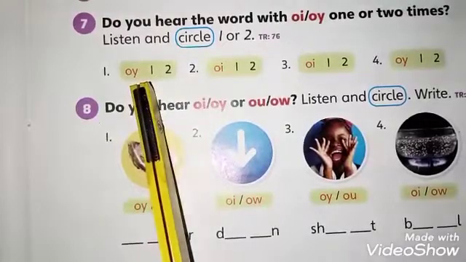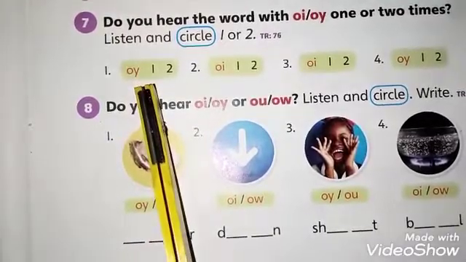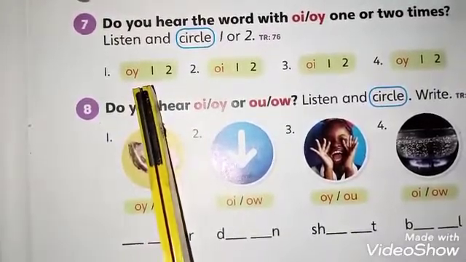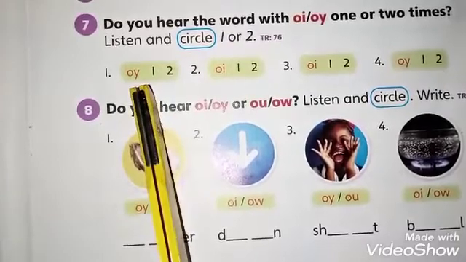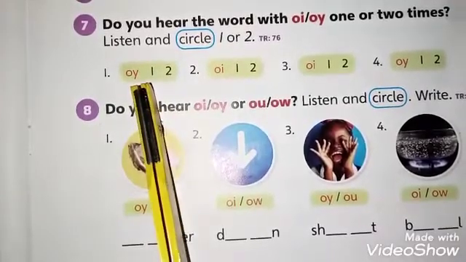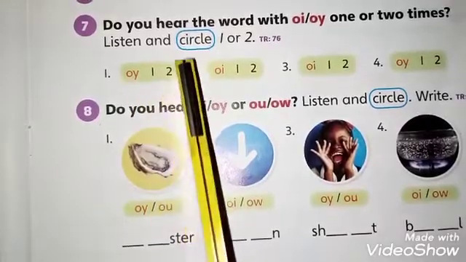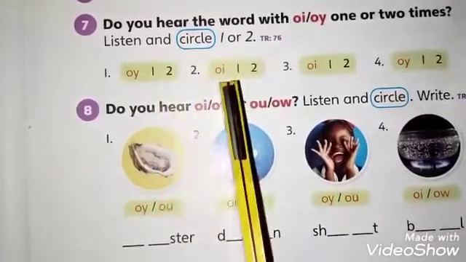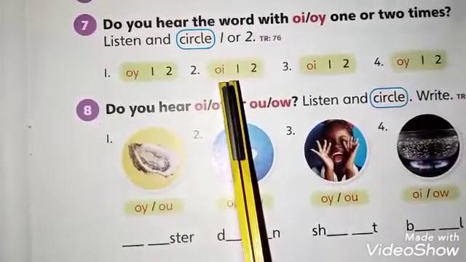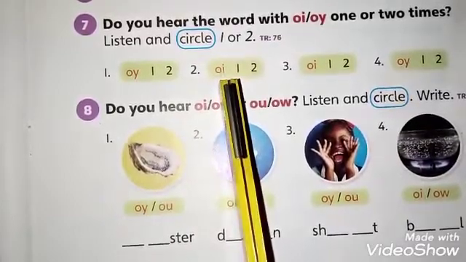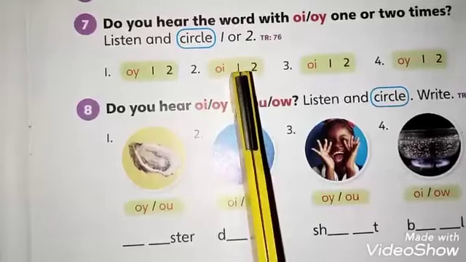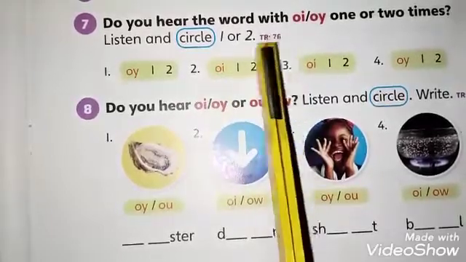Okay, now the word enjoy has the oi sound. Do you hear enjoy 1 or 2 times? 2. Let's circle 2. And number 2 here, we hear the word voice. Do you hear the voice 1 or 2 times? 2 times. You're going to circle 2.